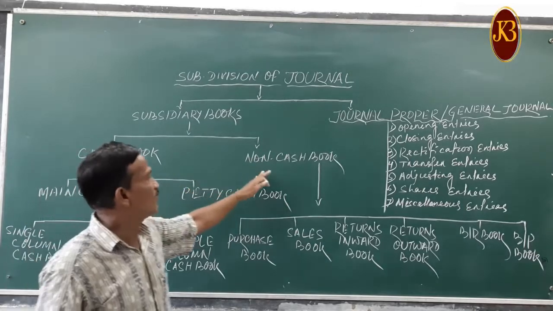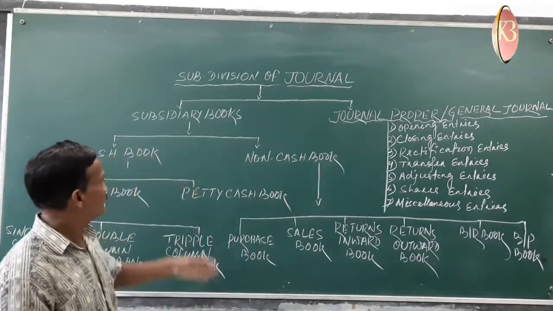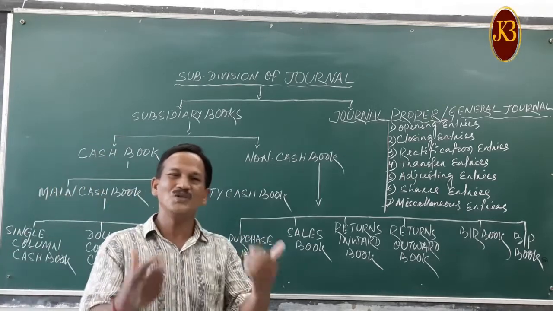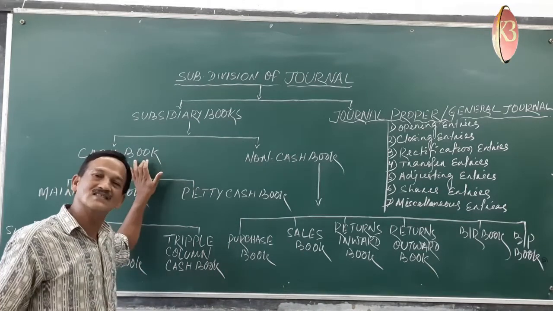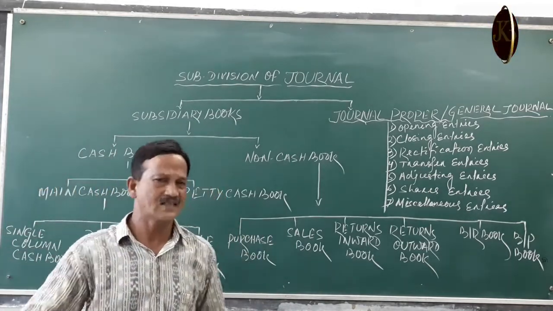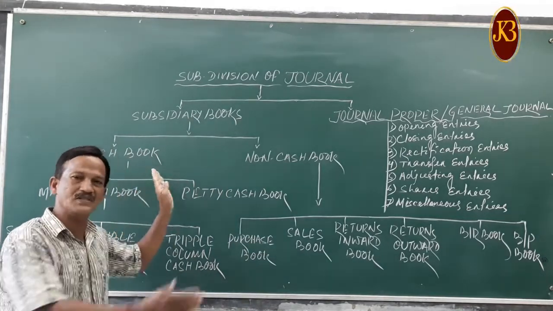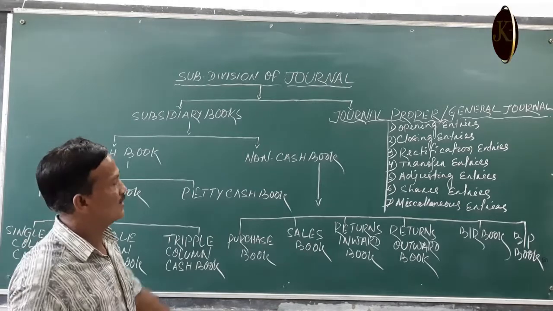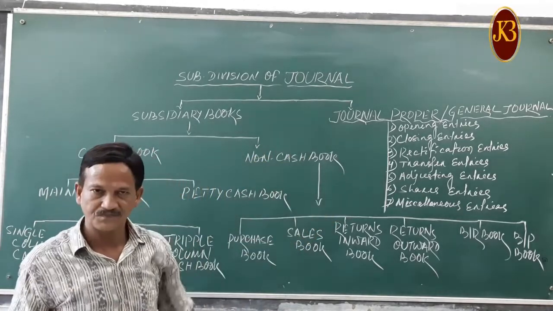Why cash book and non-cash book? Why not other books? Because the business deals with a number of transactions every day related to cash transactions, cash receipts, cash payments, etc. If those are separated, then certainly half of the journal transactions are reduced.